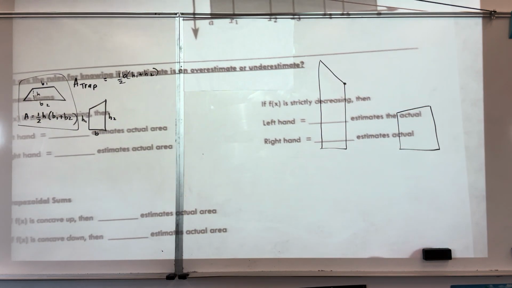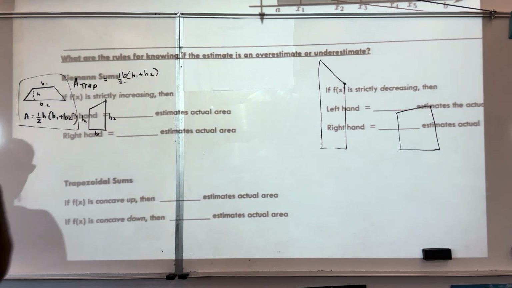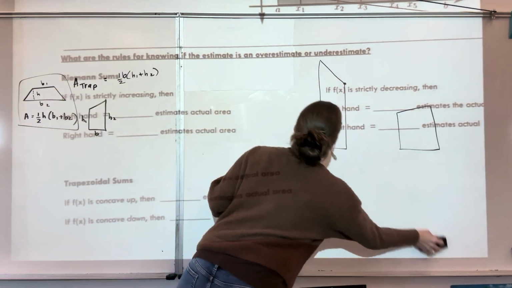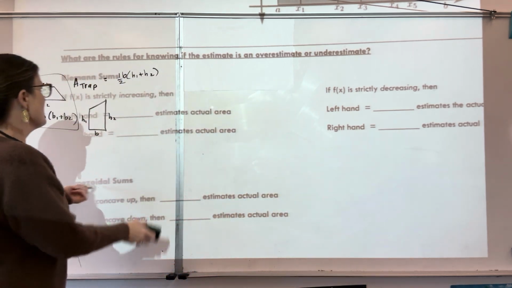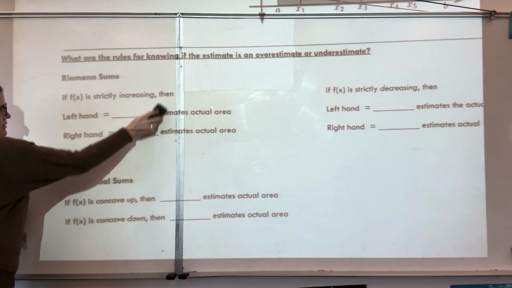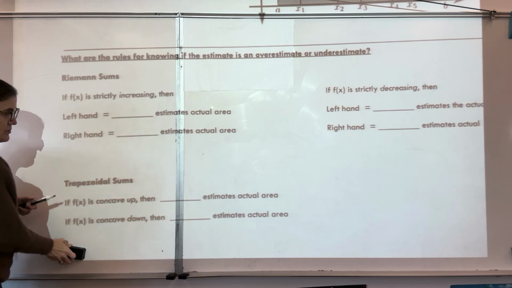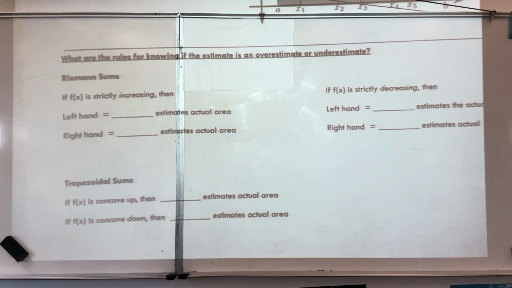All right, here are the official rules. What are the rules for knowing if the estimate will be an over or an underestimate? For Riemann sums, so for rectangles, what matters is if the function was increasing or decreasing. For trapezoidal sums, it'll matter if the curve was concave up or concave down.